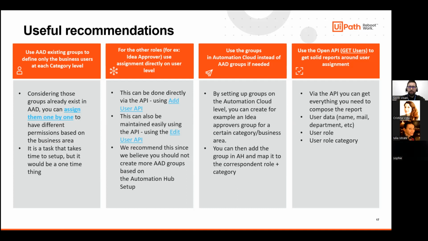All the users that have logged into Automation Hub, even if they're added from Azure Active Directory groups, will have an entry in the user menu in Automation Hub, which means that you can use the get users to see all their role assignments, and after that you can manage it using the API or the existing capabilities that we have in the platform.